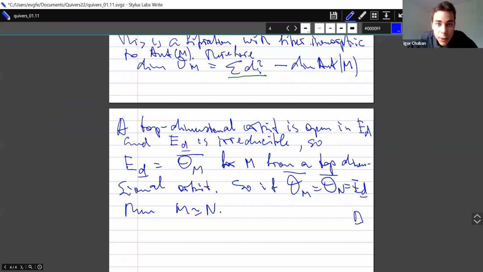It doesn't have a stabilizer, so it's not closed. But why does that make it open? So if our orbit has a top dimension, its automorphism group is trivial. And so let's consider all representations that have a non-trivial automorphism group. So the condition to have that automorphism is closed.